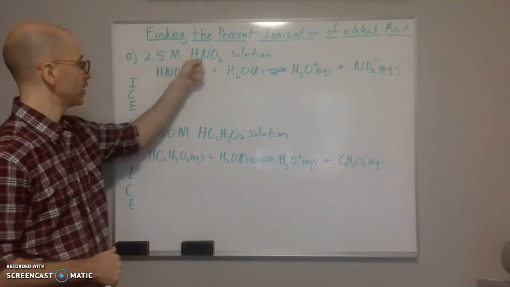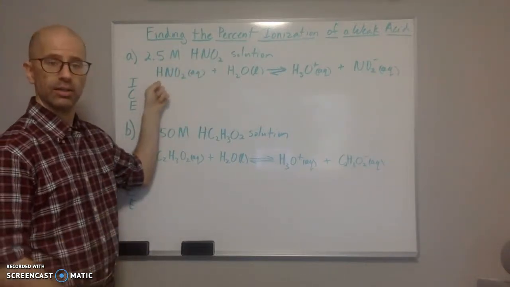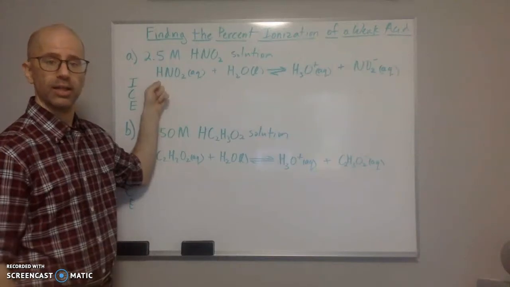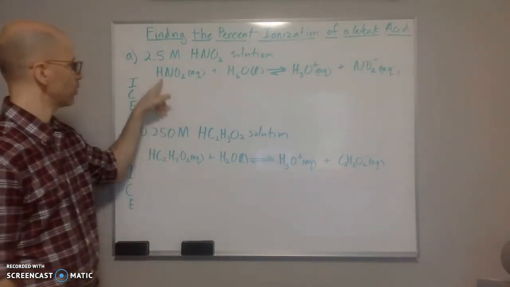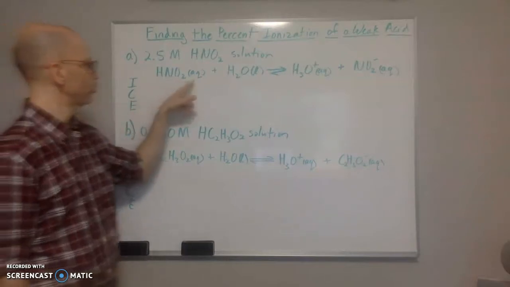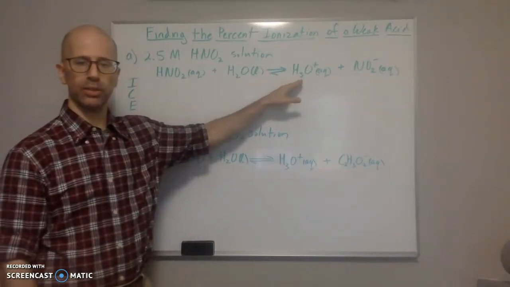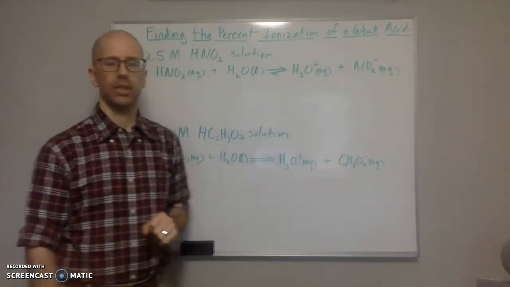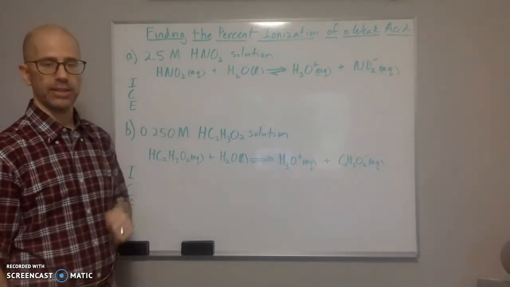So here you have HNO2, and you're looking to see how the acid is reacting with water. So you have a reaction with water with your acid. HNO2 aqueous plus liquid water gives you H3O plus aqueous plus NO2 minus for nitrous acid.